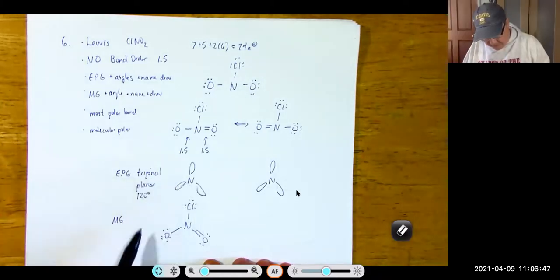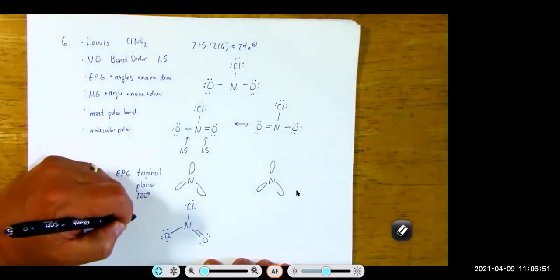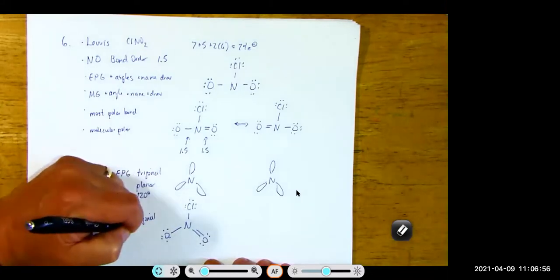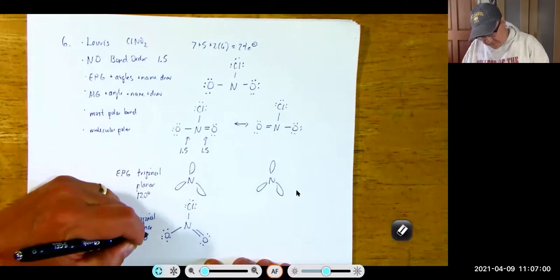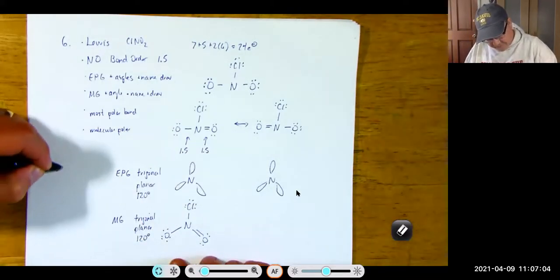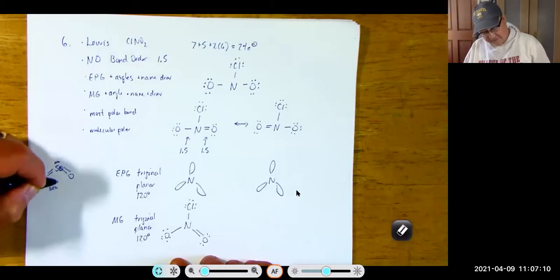But how about this one, for the molecular geometry? It's trigonal planar. Oh, okay. They're both trigonal planar. Well, if it were this, lone pair on top, this would be bent. Right.